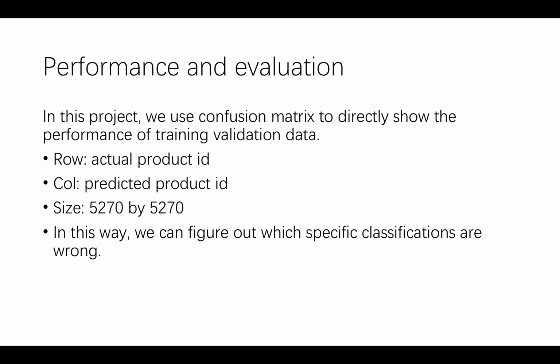The row is the actual product ID, the column is the predicted product ID, and the size is over 5,000 by 5,000. In this way, we can figure out which specific classifications are wrong, because we know the numbers.